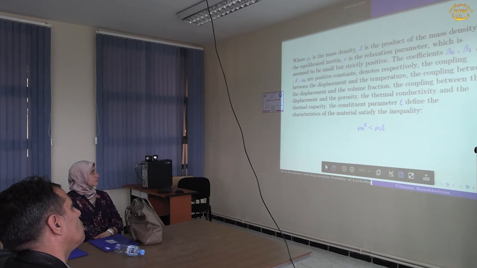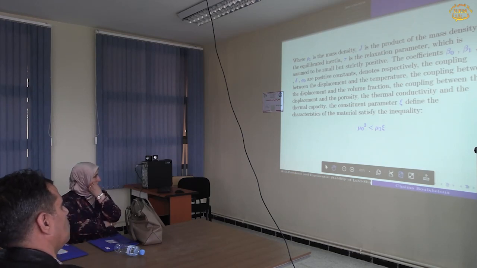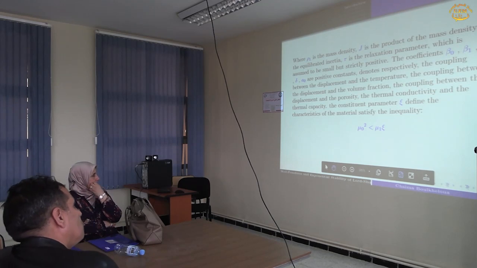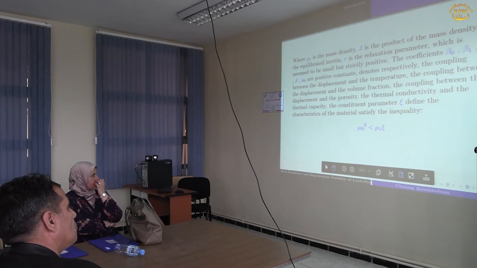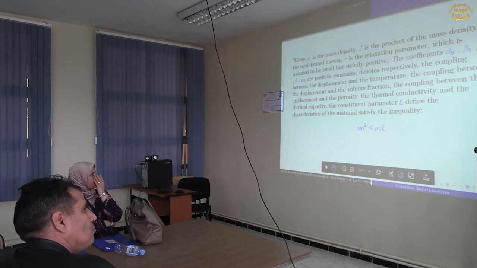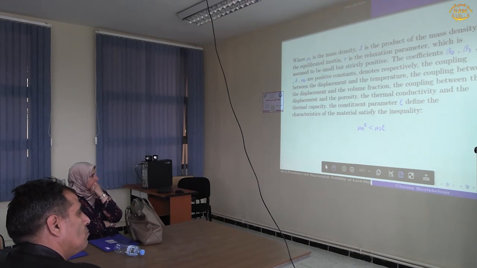Here ρ1 is the mass density, J is the product of the mass density by the equilibrated inertia, and τ0 is the relaxation parameter, which is assumed to be small but strictly positive. The coefficients β0, β1, δ, and κ are positive constants, denoting respectively the coupling between displacement and temperature, the coupling between the displacement and the volume fraction, the coupling between the displacement and the porosity, the thermal conductivity, and the thermal capacity.